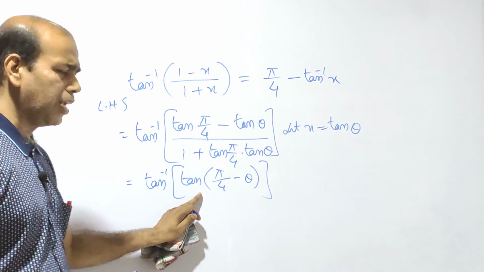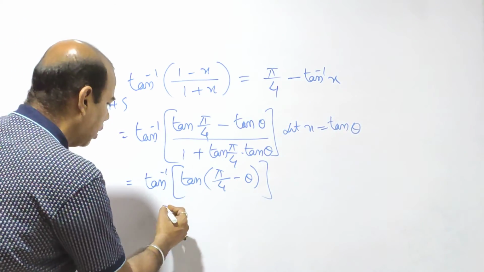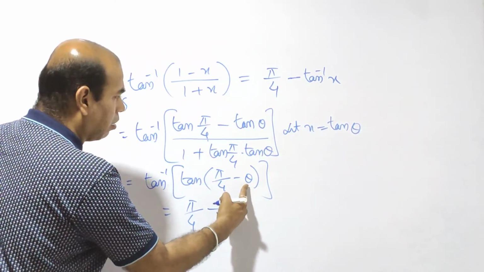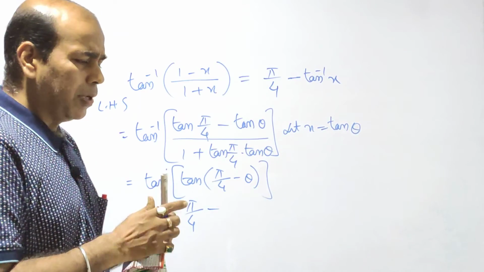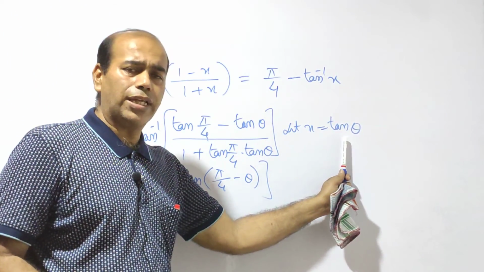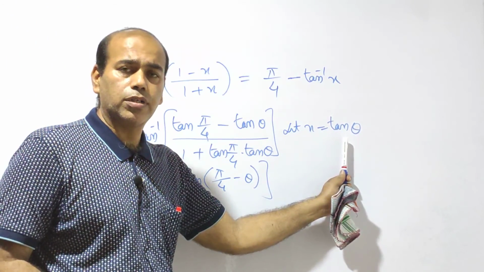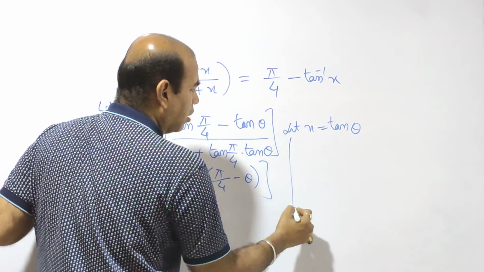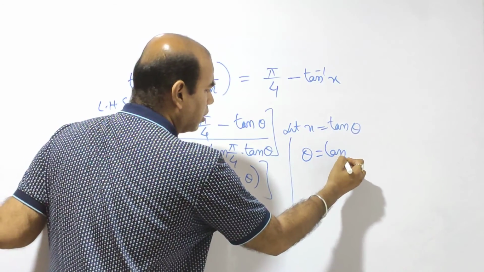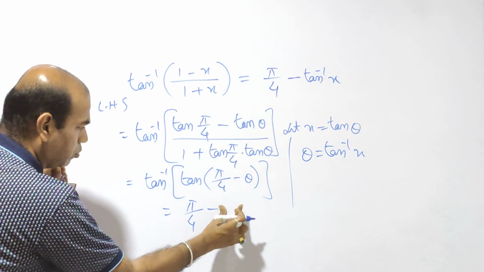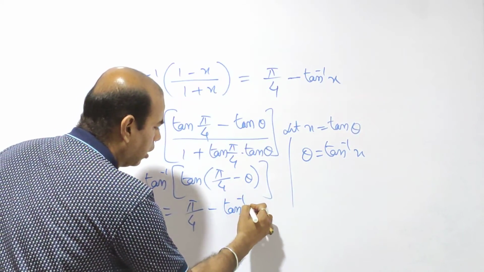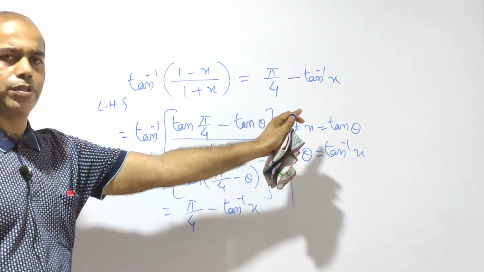Now tan inverse and tan I can remove, so I am left with only pi by 4 minus theta. I have taken x equal to tan theta, that means theta equals tan inverse x. I will substitute here in place of theta, tan inverse x, and that's the proving.